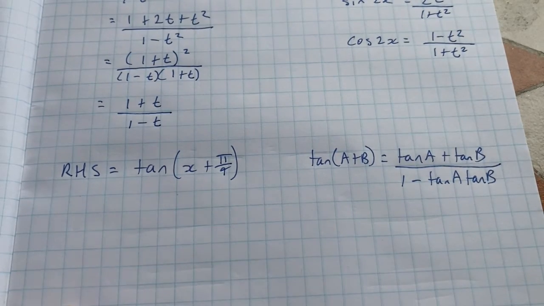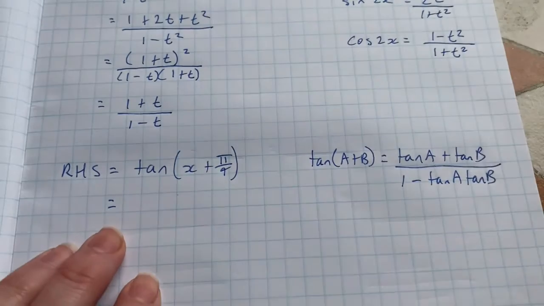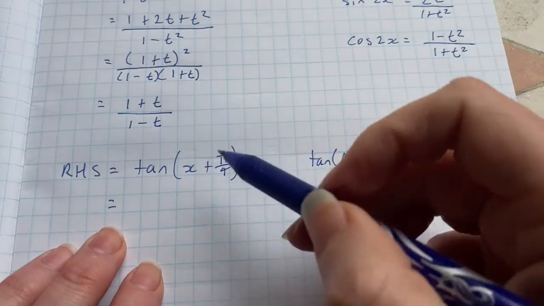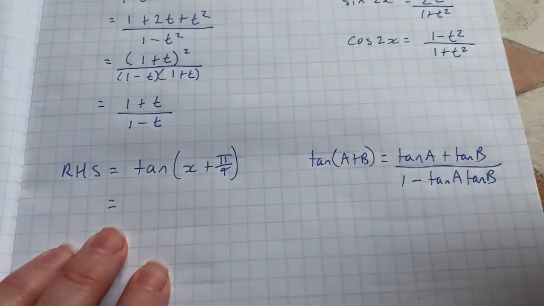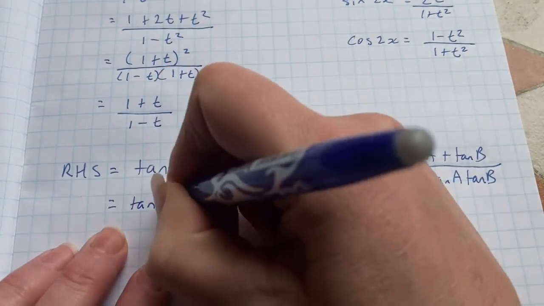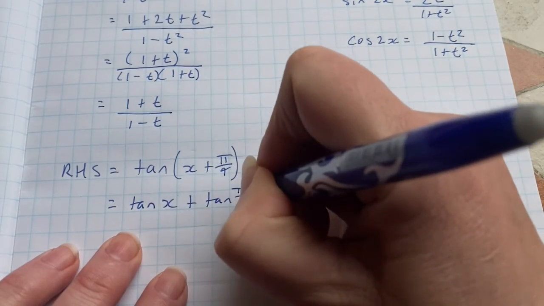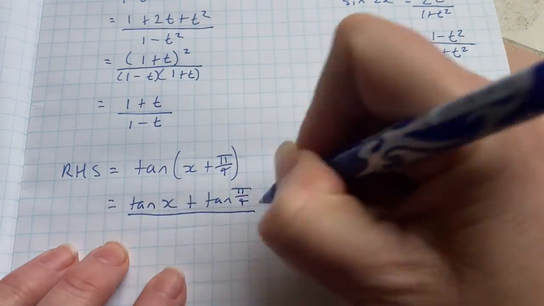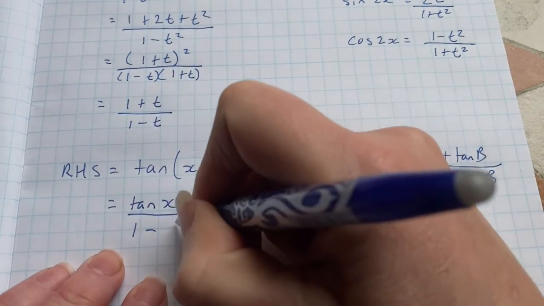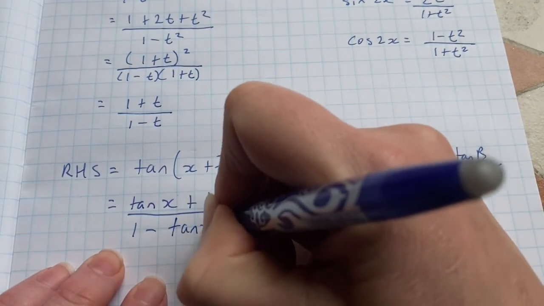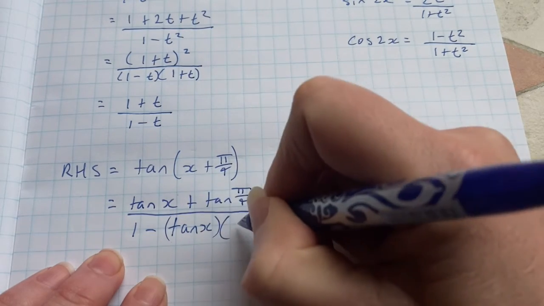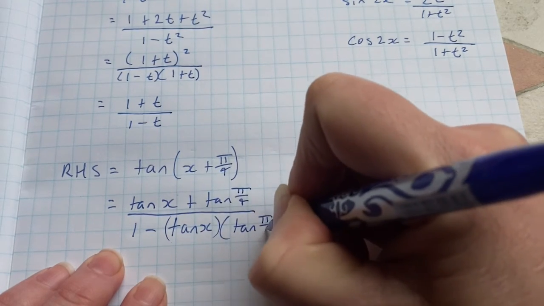So let's use that here. So our a is x and our b is pi on 4. So that's equal to tan x plus tan pi on 4 all over 1 minus tan x times tan pi on 4.